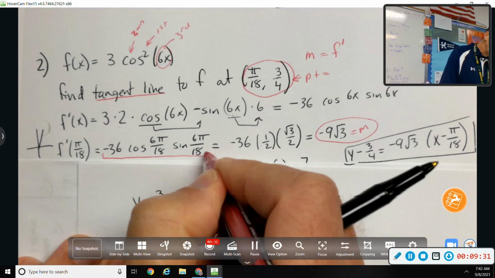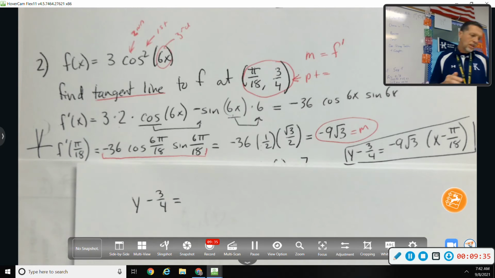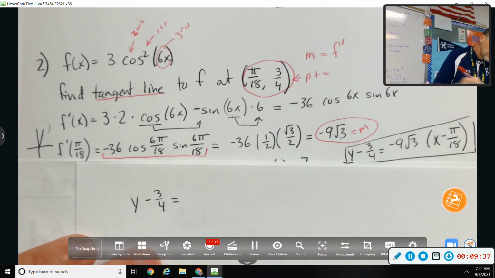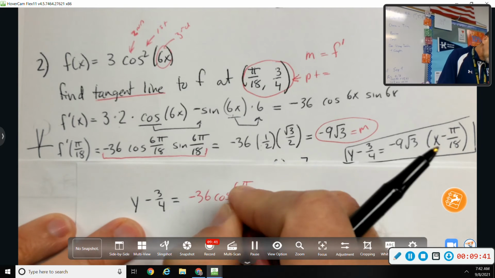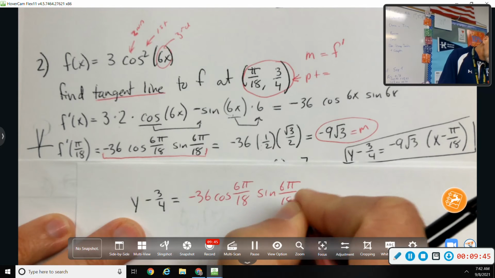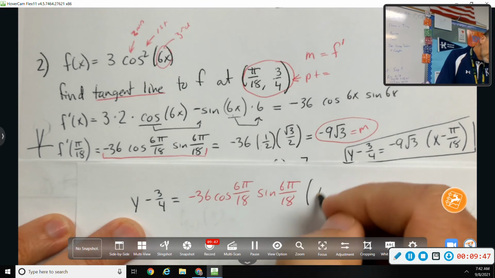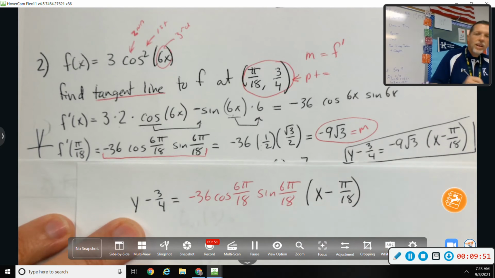So let's say you really didn't want to do anything with that. Okay, that's the slope, so negative 36 cosine 6 pi over 18 sine of 6 pi over 18 times x minus pi over 18. That would be correct.